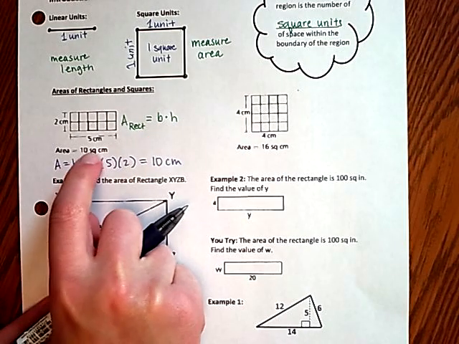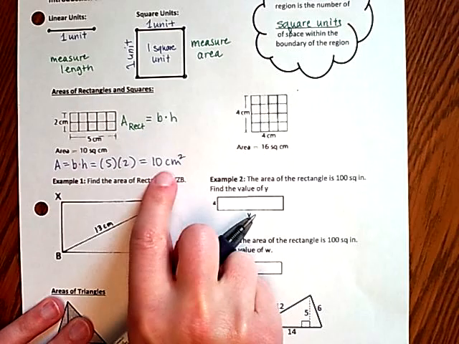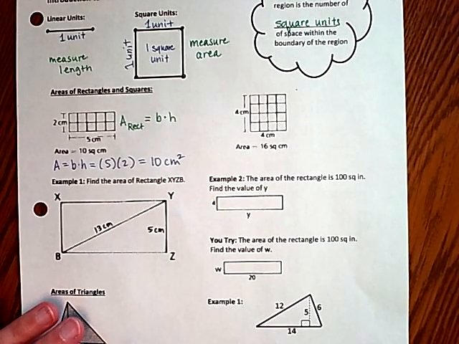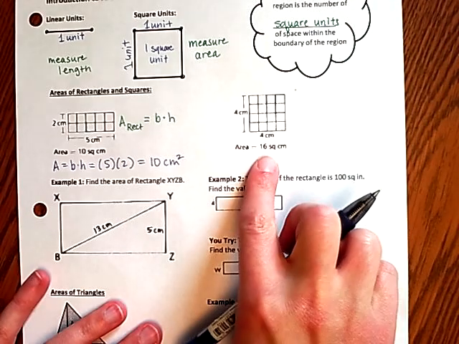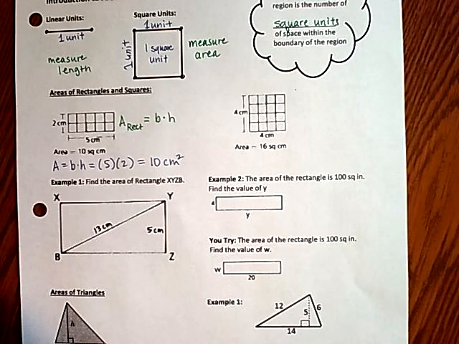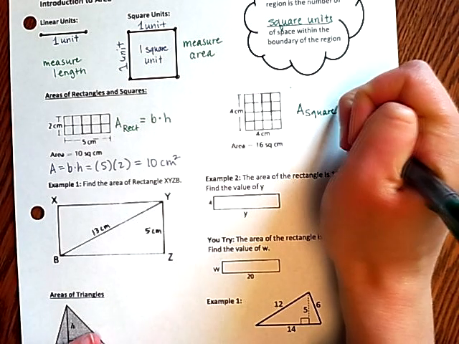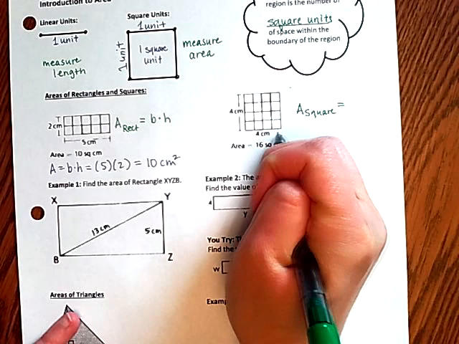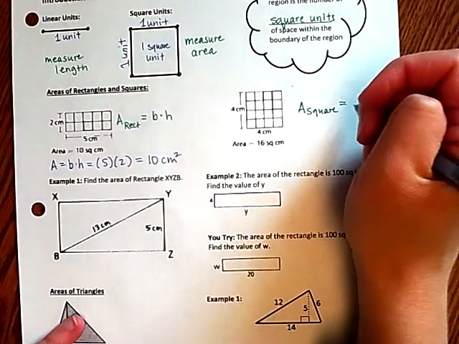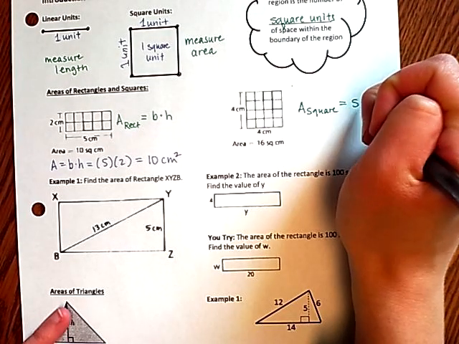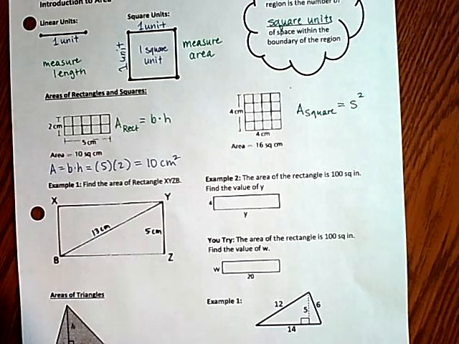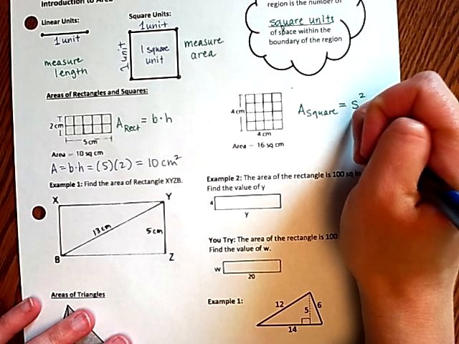So coming back over to the square, the area here is the side length squared, which is 4 times 4, or 4 squared, which is 16 centimeters squared. So those are just some really basic examples along with the 2 formulas, and now we're going to see something a little bit more interesting.